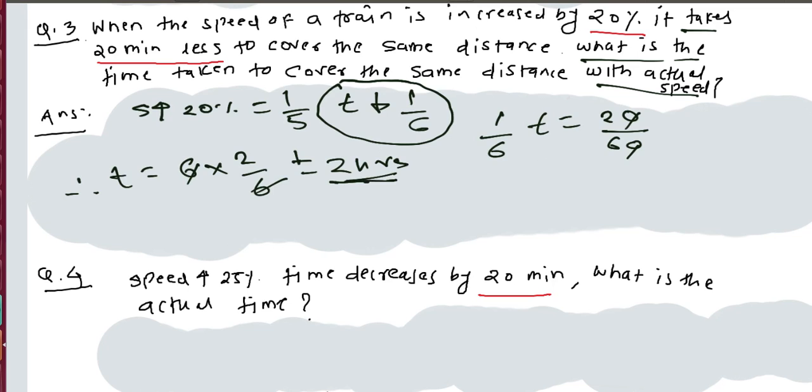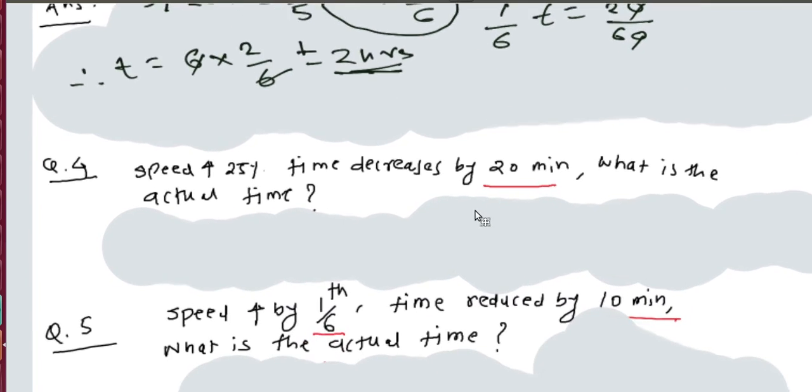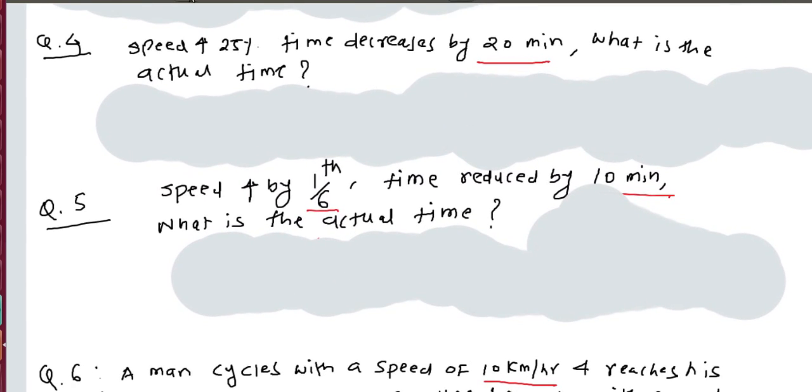So let's see another question. Here speed is increased by 25%, or 1/4. 25% means 1/4. Original speed is increasing, so original time has to decrease by 1/5. That decreased time is given to us as 20 minutes.